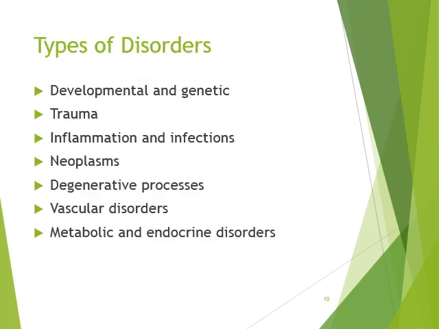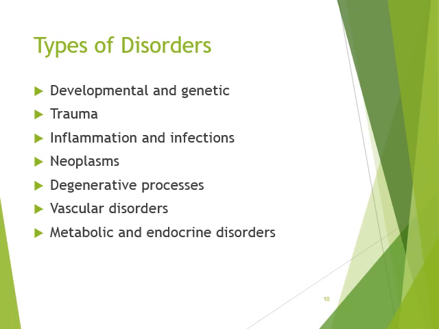Okay. Now there's some types of disorders that can potentially cause neurological problems. There's developmental and genetic disorders. Those include structural problems such as hydrocephalus. An example of a genetic disorder is Huntington's disease.